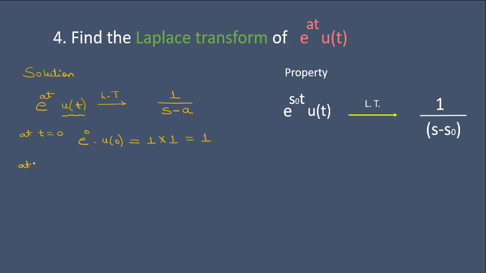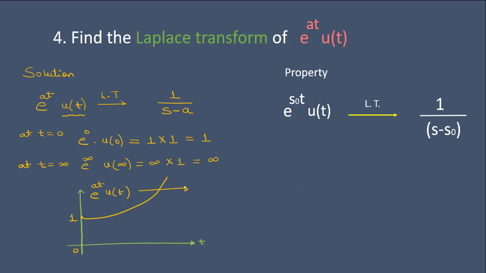And at t equals infinity, it is e raised to infinity into u of infinity. E raised to infinity is infinity into 1. So it is infinite. We can plot this signal with respect to the time axis. E raised to at u(t) is also called an exponentially increasing signal.